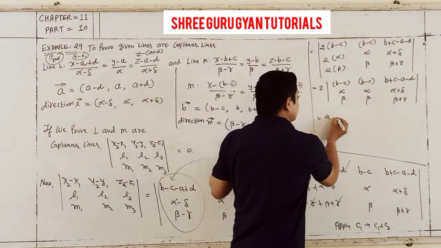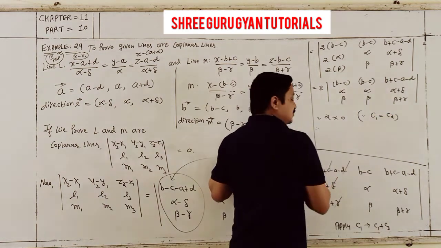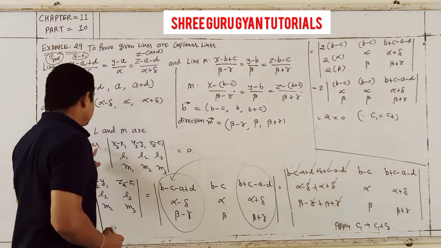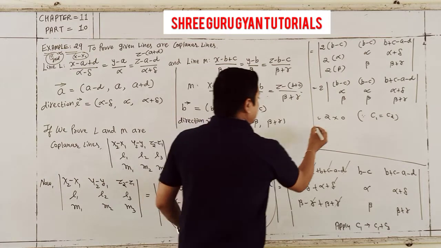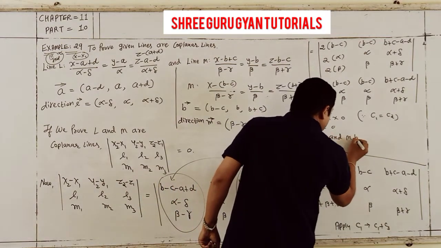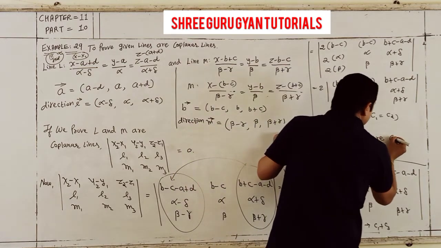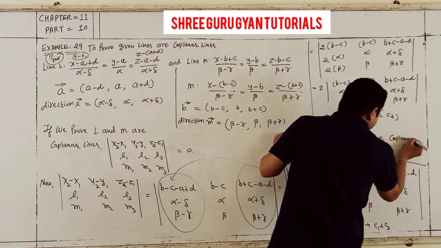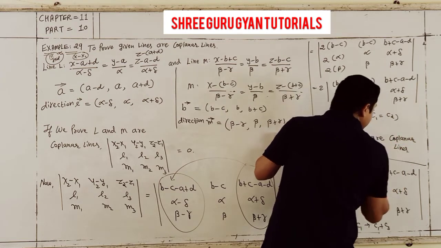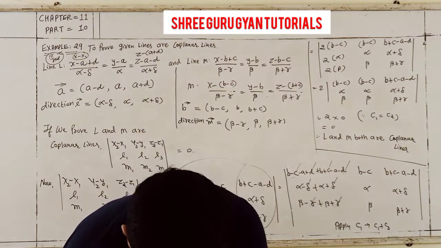So 2 into 0, because C1 is equal to C2. That's why this answer is 0, proved. So it is equal to 0. So I will say L and M both are coplanar lines, and students, we easily cover the answers in the parts of Example 29.